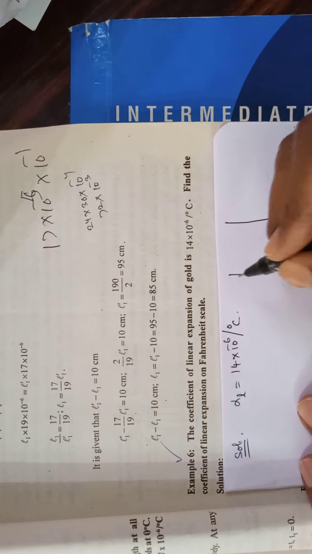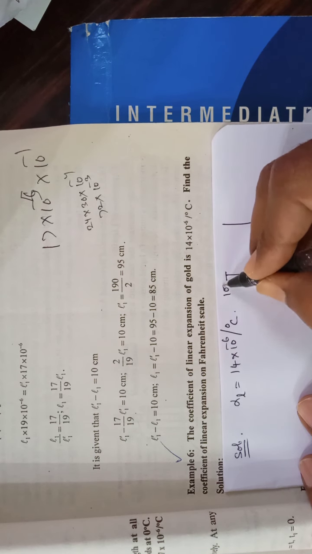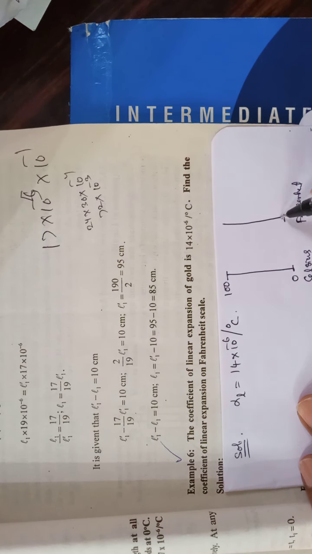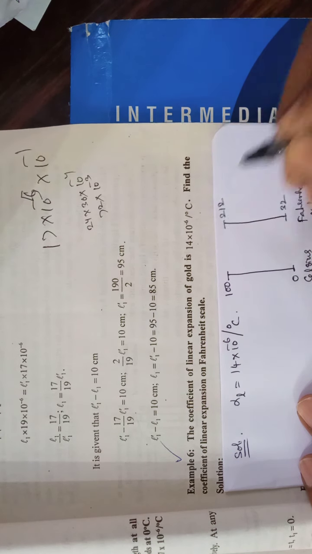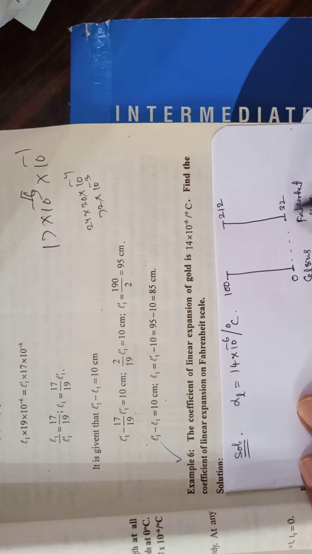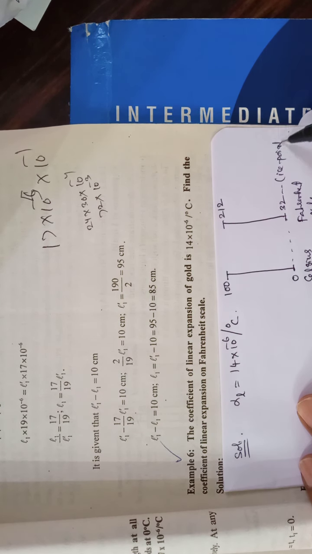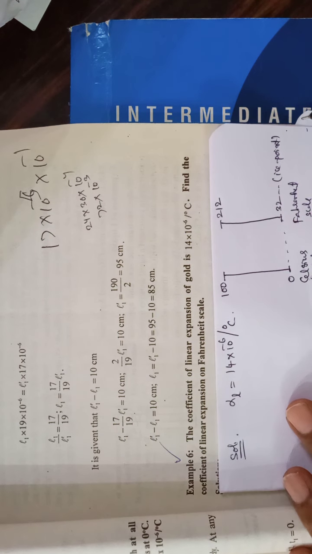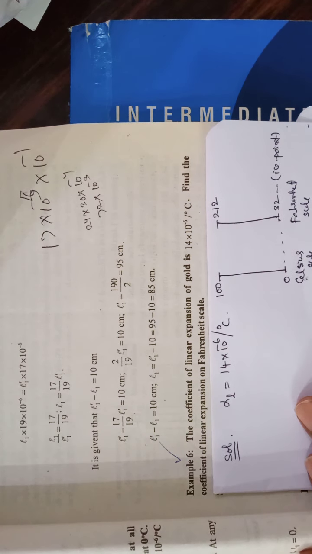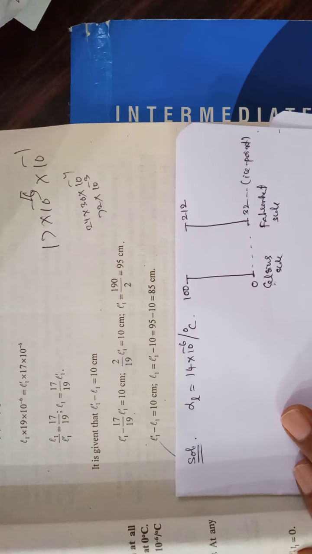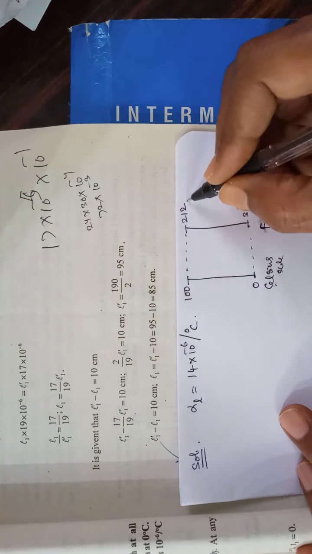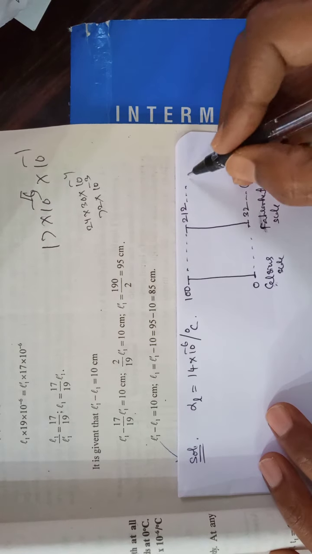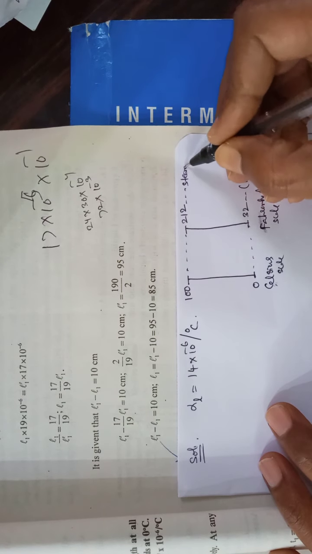Lower fixing point 0, upper fixing point 100, here lower fixing point 32, here upper fixing point 212. See, this is ice point.